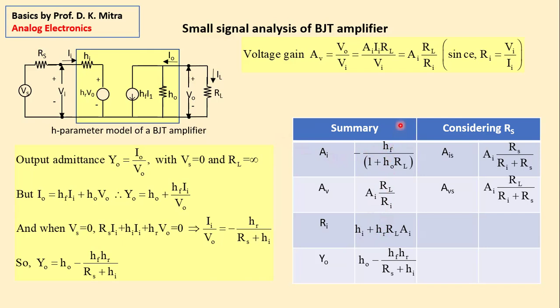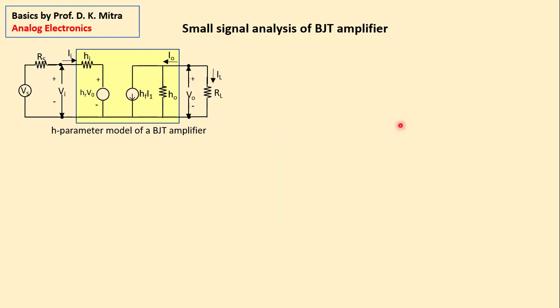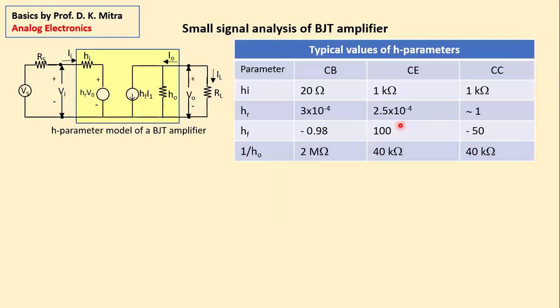Of course, I am sure in your device classes, you have learned the interrelations of these H parameters in common base, common collector, and common emitter mode. That also you can use. Now, here I have noted a few points from your transistor manual.